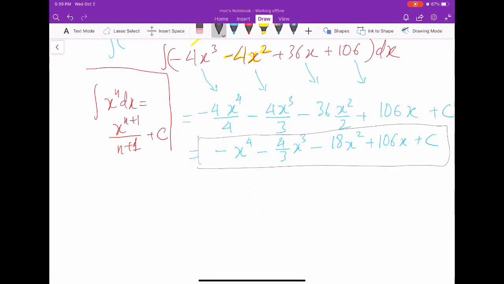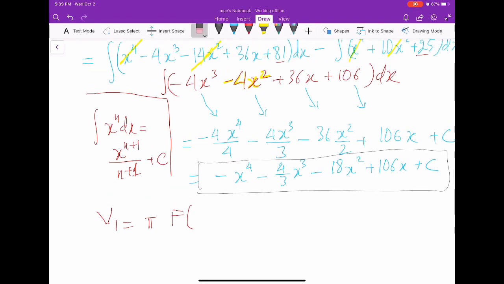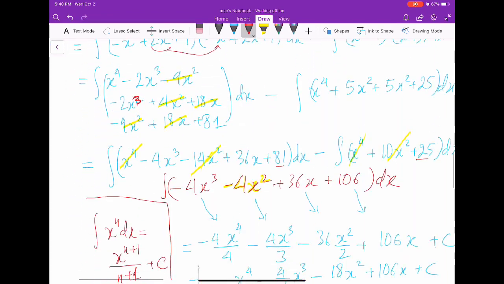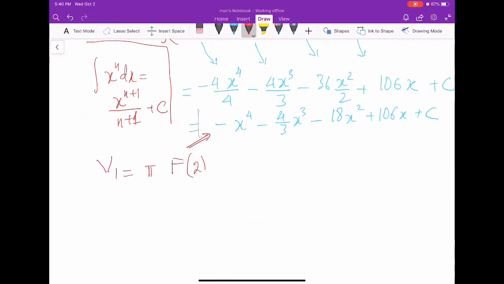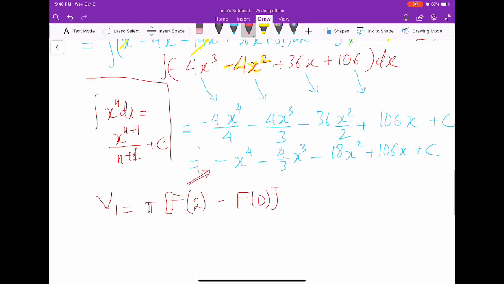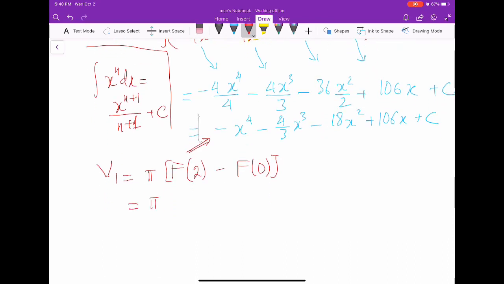So basically v1 is equal to pi times F of 2 minus F of 0. The whole function here is F. You just plug 0 and 2 into this function to find F of 2.